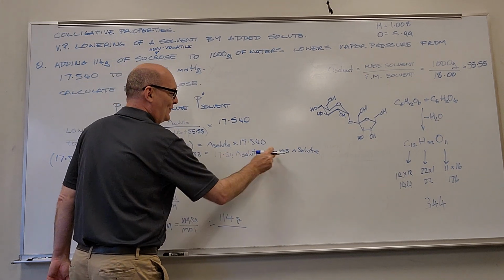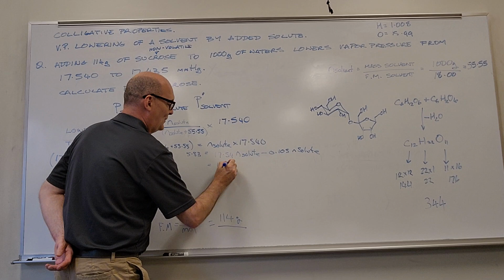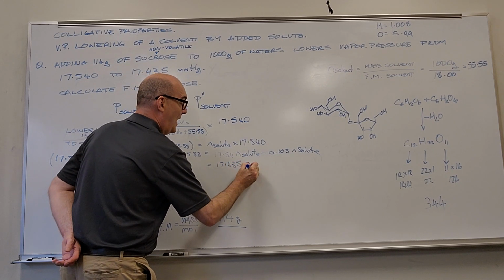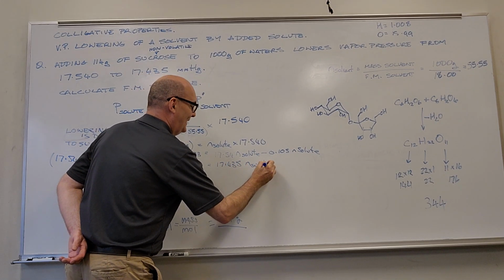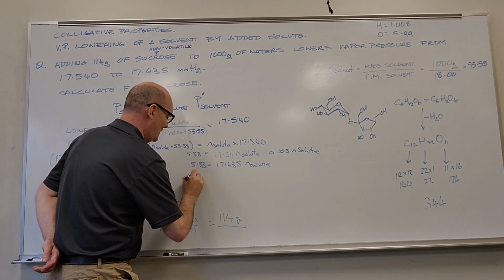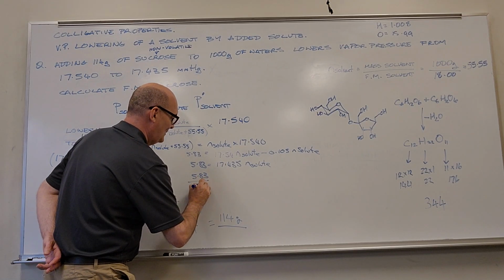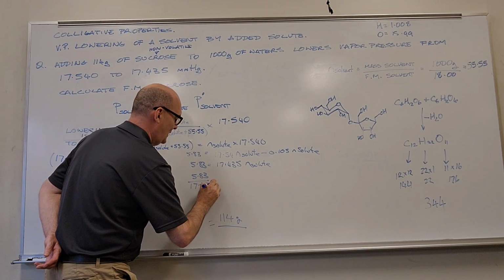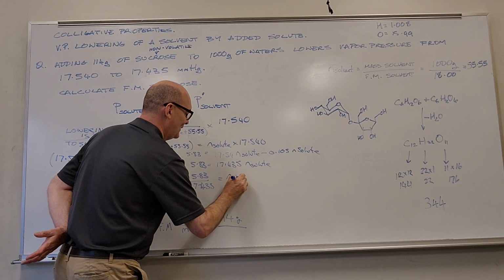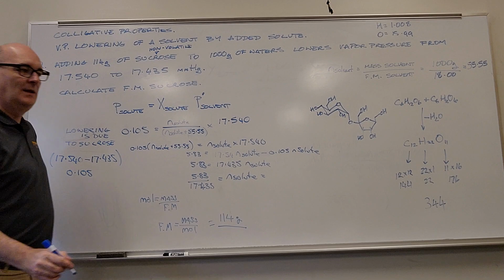And 17.54 minus 0.105 is 17.435. 17.435 n solutes is equal to 5.83, and therefore 5.83 divided by 17.435 is the value of n solute, which is equal to 0.335.